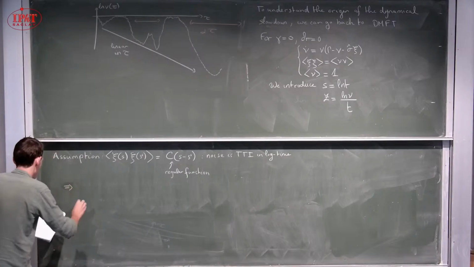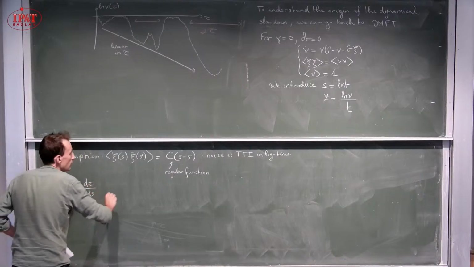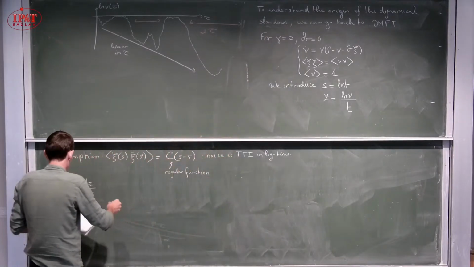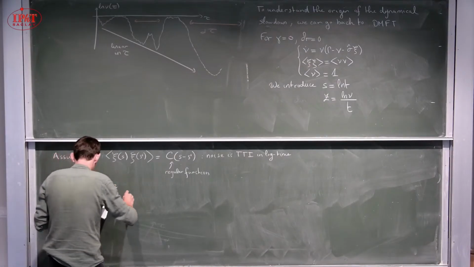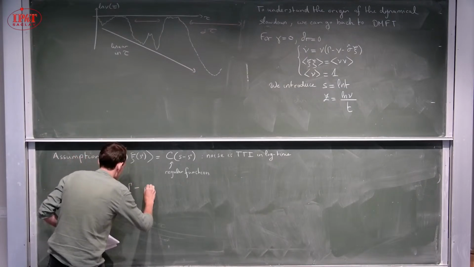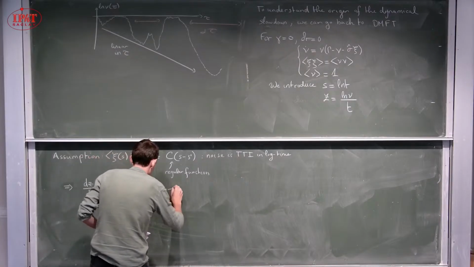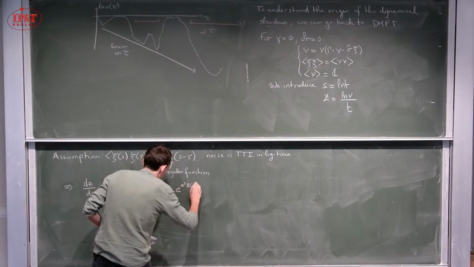If you do this, what you get is the following equation directly from this one: dz ds is equal to minus z plus gamma minus sigma psi of s minus e to the exponential s times z of s.